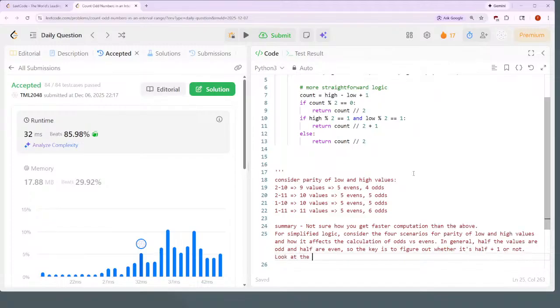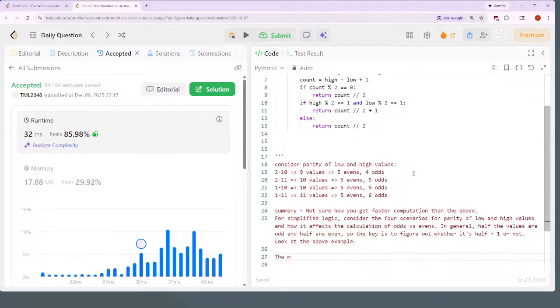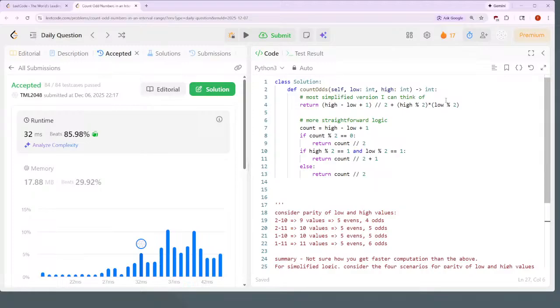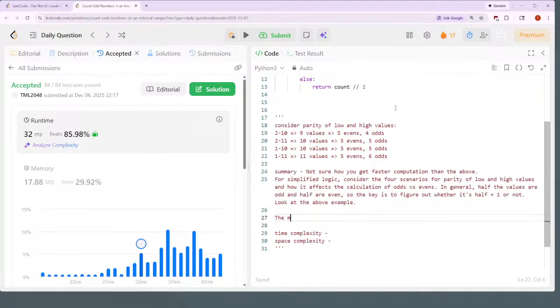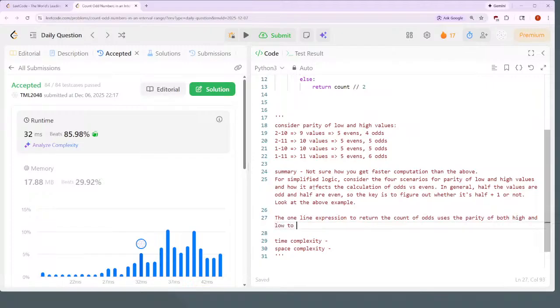Look at the above example. The fast one-line solution or expression to return the count of odds just uses the parity of both high and low to convert to the plus 1 value.